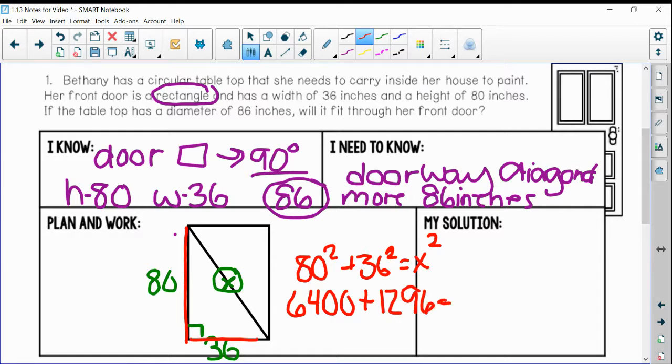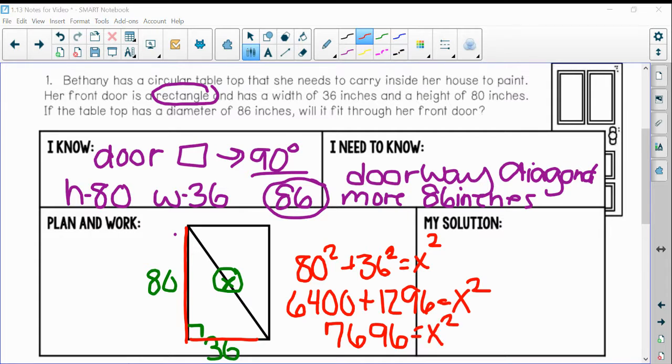That is going to be equal to our diagonal squared. So 1,296 plus 6,400 is going to give us 7,696, and that's going to be equal to our diagonal squared.